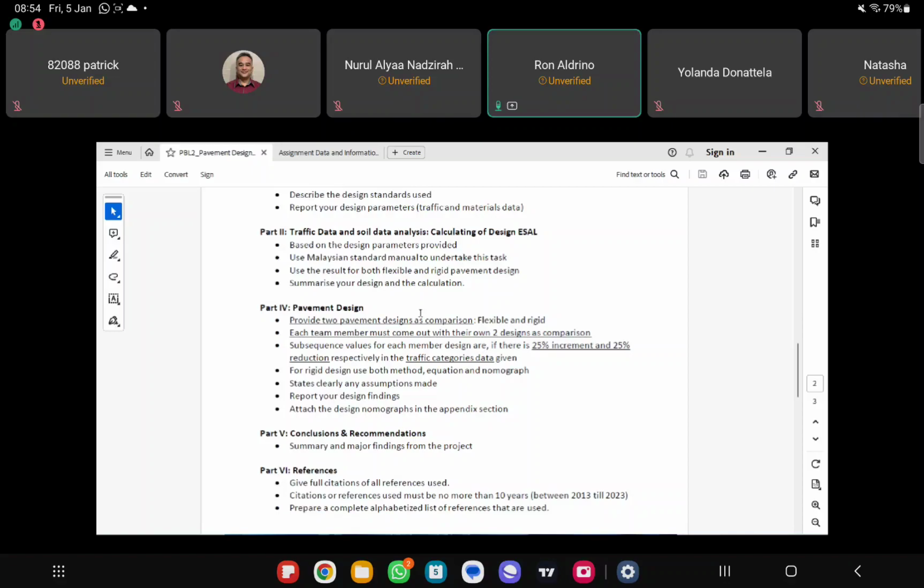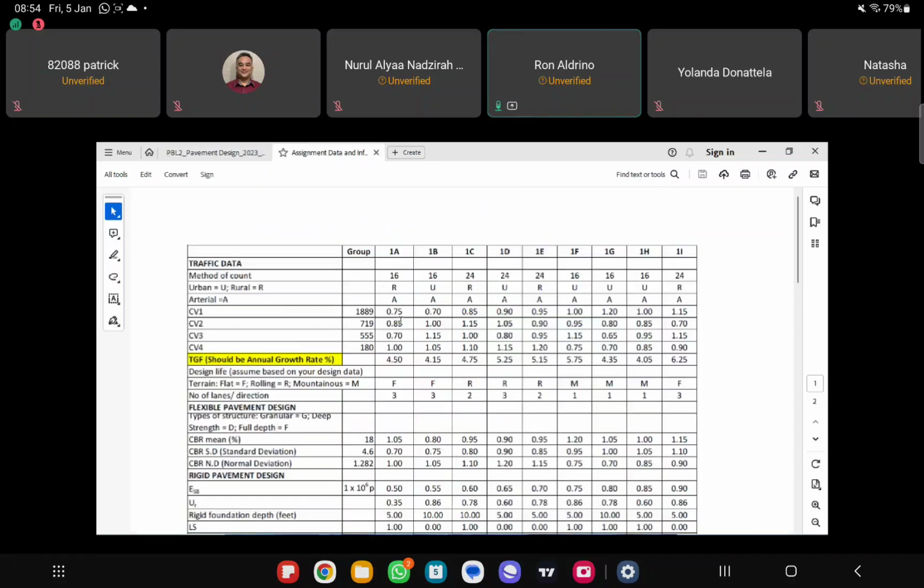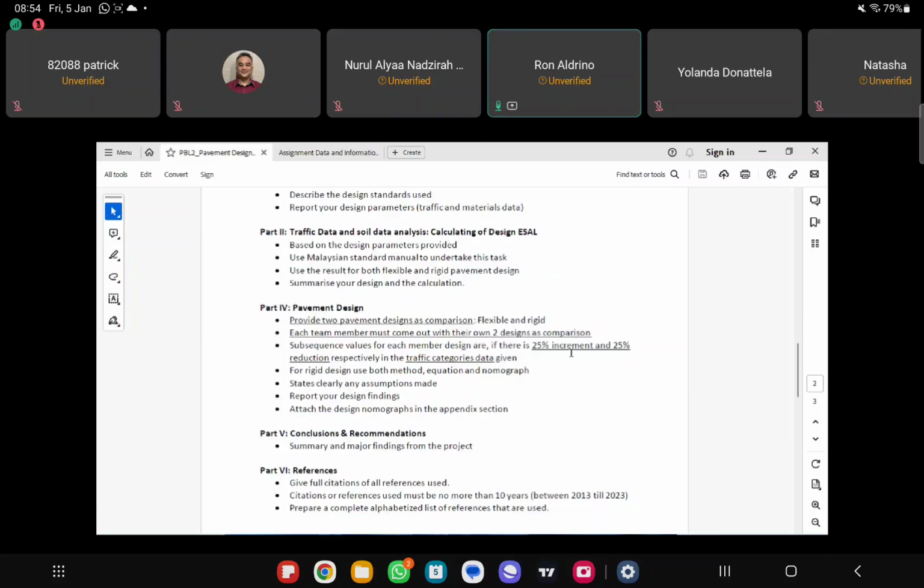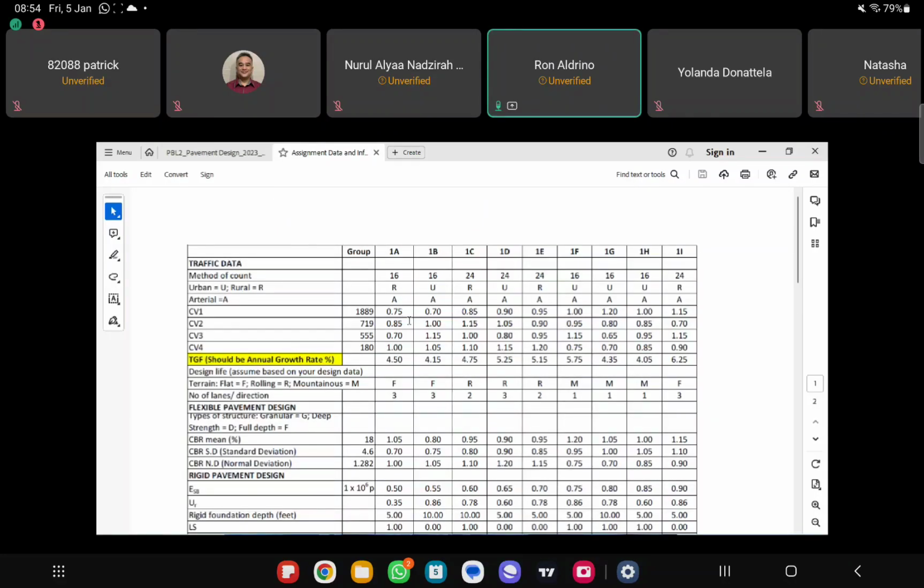The original traffic means the one that you have calculated here, and those doing 25% increment, this value, this value, this value, this value multiply by another 25%. Increment means the original plus the 25% increment. So that is the new traffic data value.